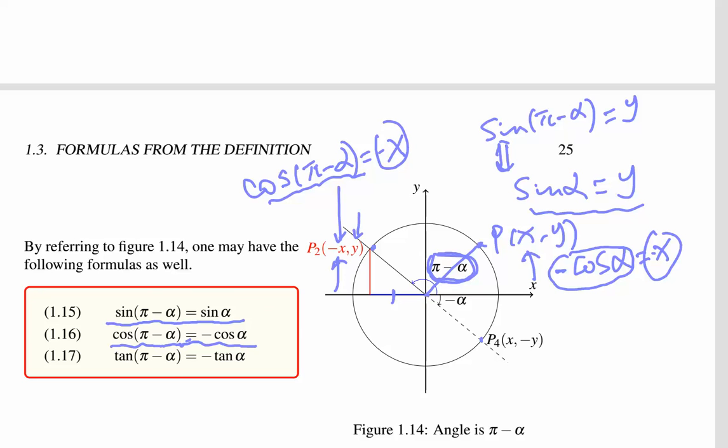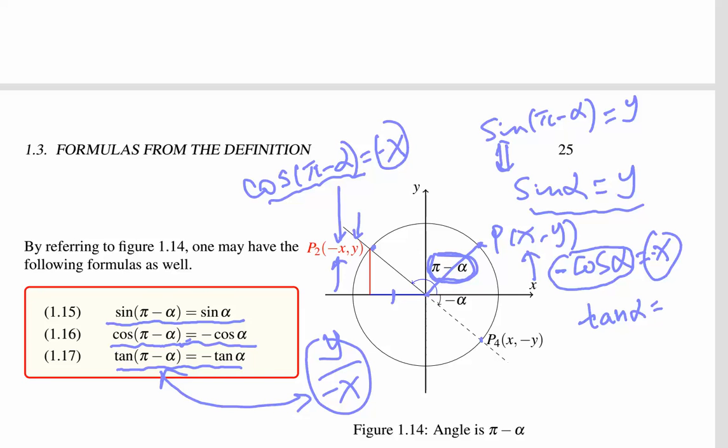The last one is tangent. Tangent of pi minus alpha is y over negative x. That's the value for tangent of pi minus alpha. What we know is that tangent alpha is y over x.